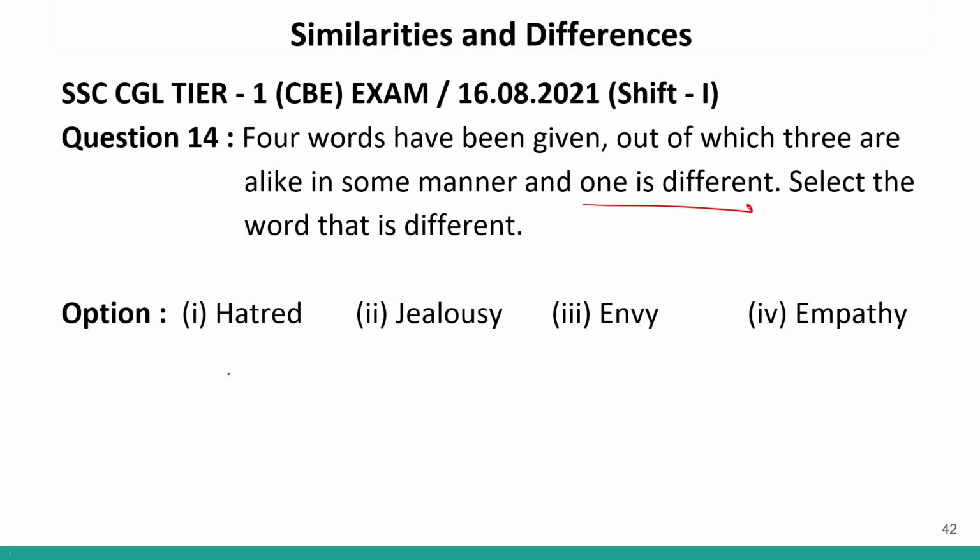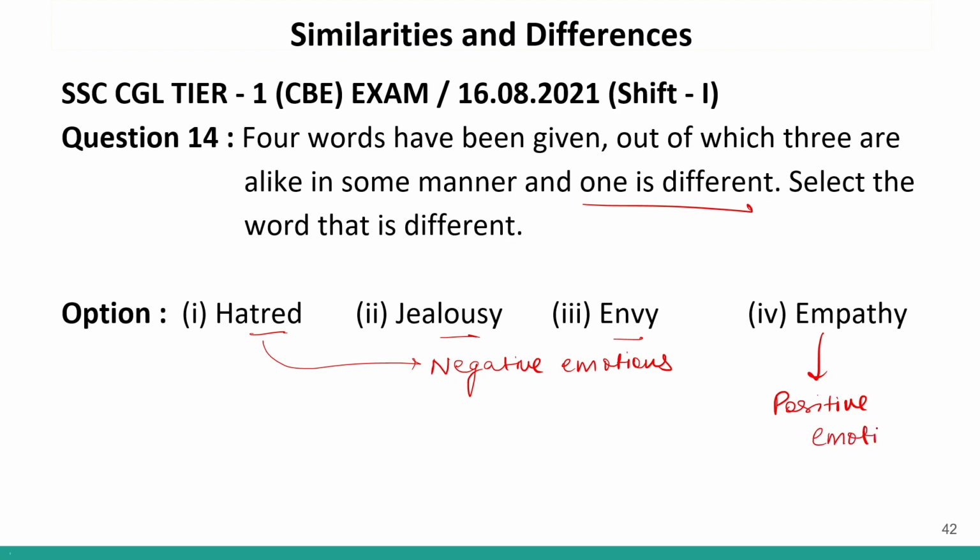Okay. Now, 4 words are given, of which some are alike in one manner and one is different, and we have to find it out. So hatred, jealousy, envy and empathy. If you know hatred, jealousy, envy, all these three emotions are negative emotions. Right? Only empathy, that means sympathizing with someone, is a positive emotion.